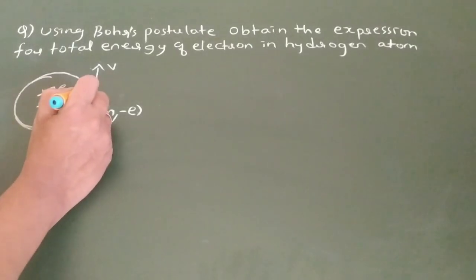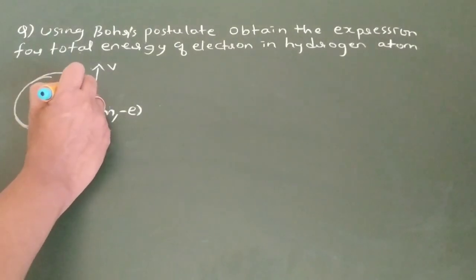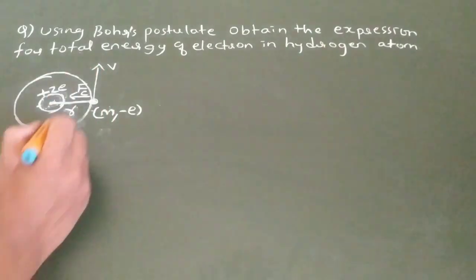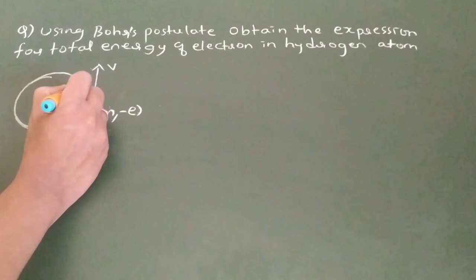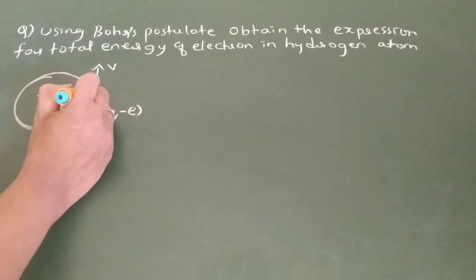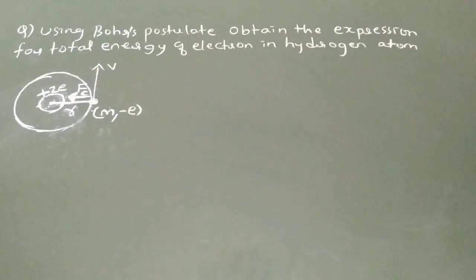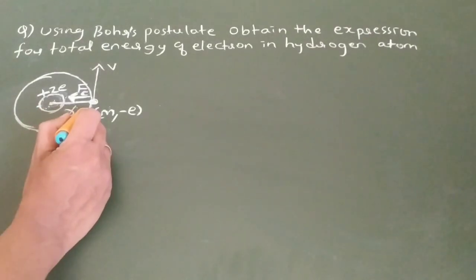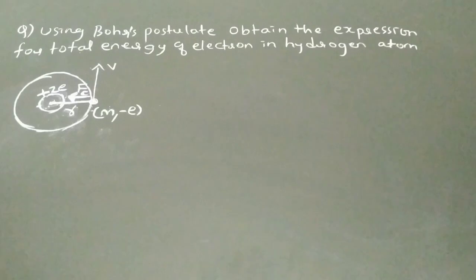We know there is a centripetal force Fc on the electron. Who is causing that centripetal force? The centripetal force towards the center is caused by the electrostatic force.